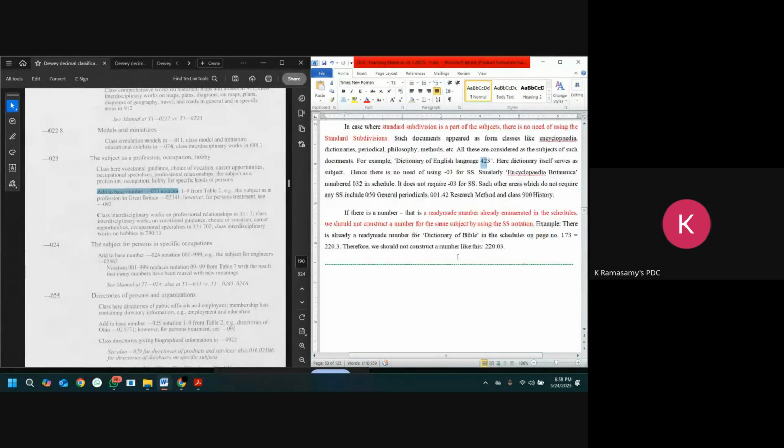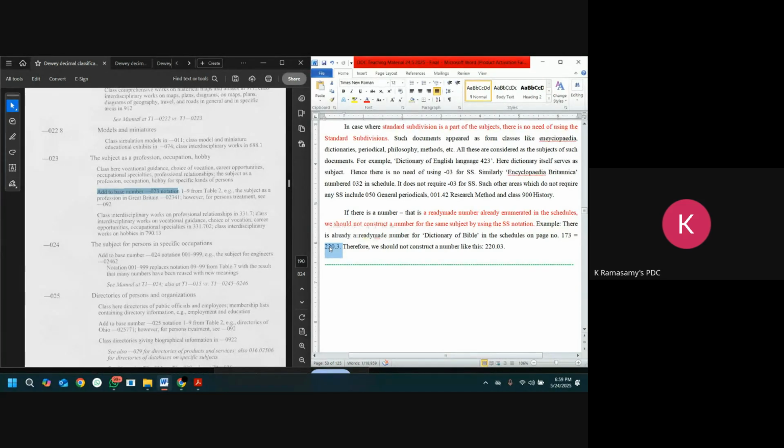And secondly, sometimes already ready-made numbers are available in schedules. For example, you take Dictionary of Bible. I have got a book called Dictionary of Bible. I look for the words in DDC. In DDC, ready-made number is available. What is the number? 220.3. This is a ready-made number available for Dictionary of Bible. What we should not do? I will go and find out the number for Bible.